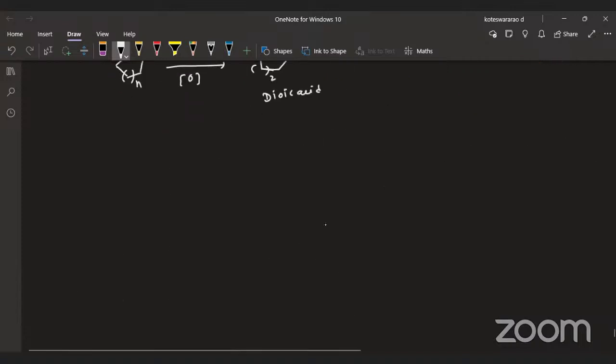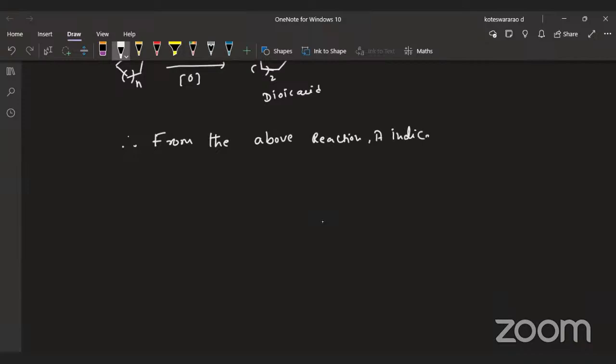From that, you can write that, therefore, from the above reaction, it indicates, or it infers, that the carbonyl group is a ketone and it is a cyclic ketone.